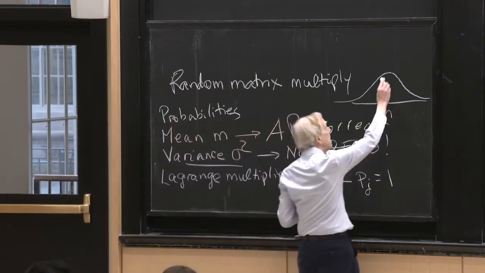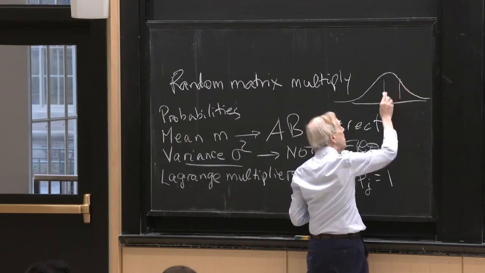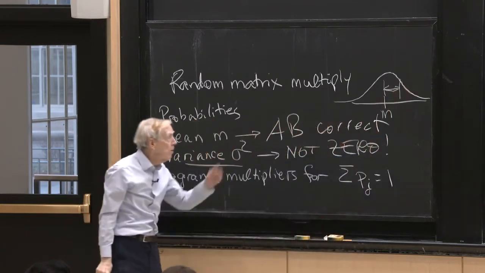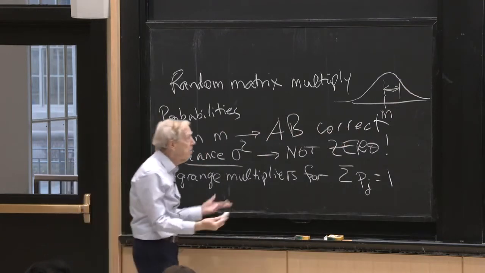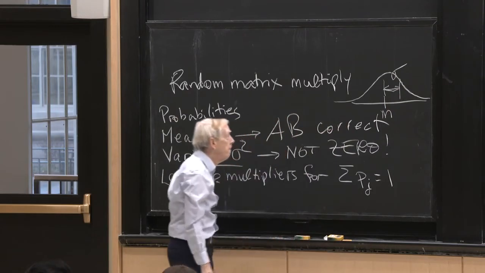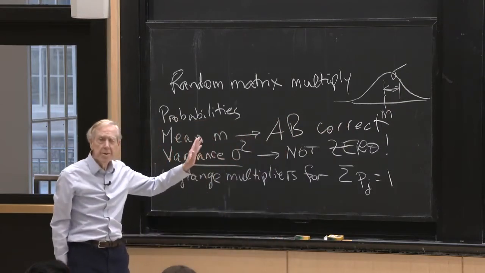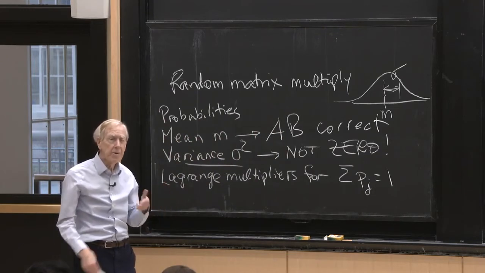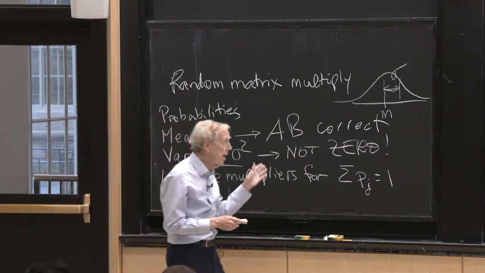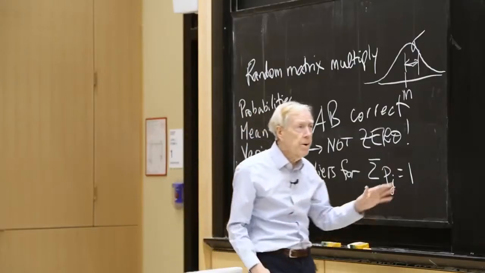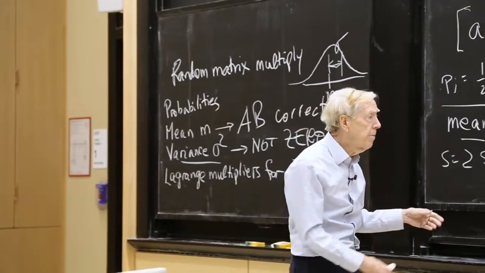So the variance would be sort of like a typical width. Maybe I overdid it, but that would be a sort of typical sigma. Since the words statistics, mean, and variance haven't been mentioned in 18065 until today, I'm just kind of recalling them.